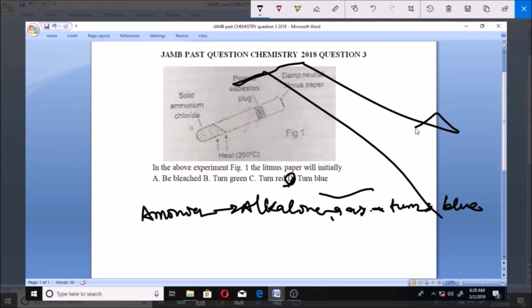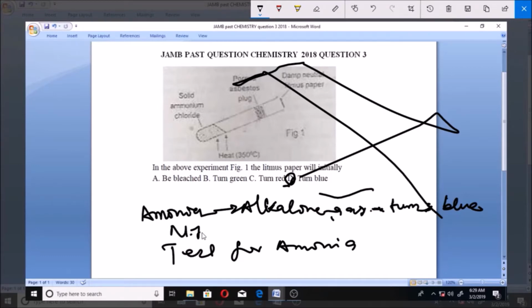So you can find this topic under nitrogen and its compounds, and you can actually test for ammonia. When you check the test for ammonia, you'll be able to understand this very well. So this topic is under nitrogen and its compounds in your chemistry textbook.